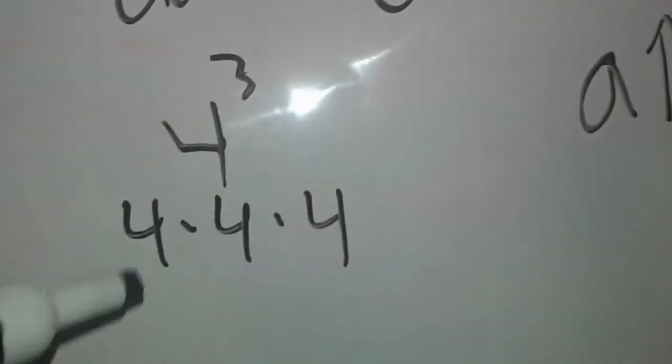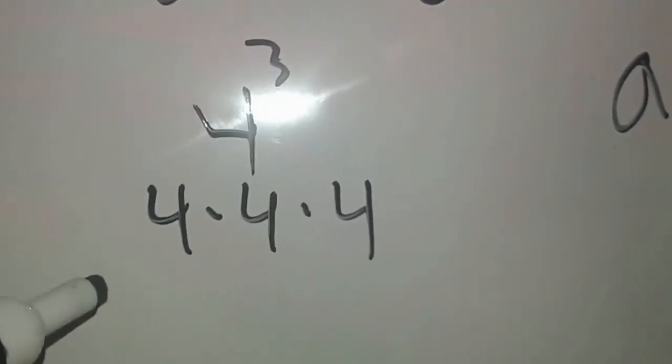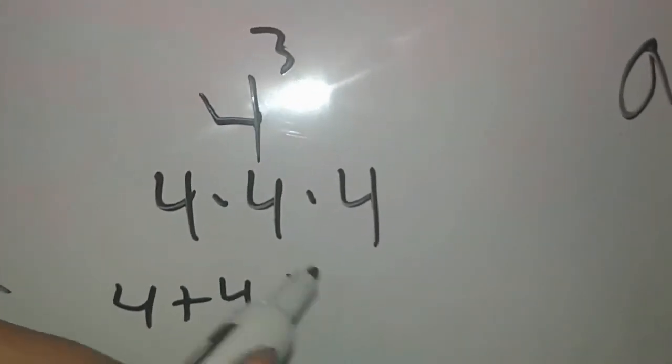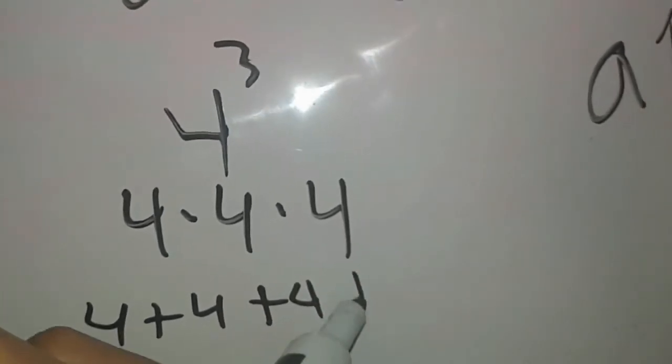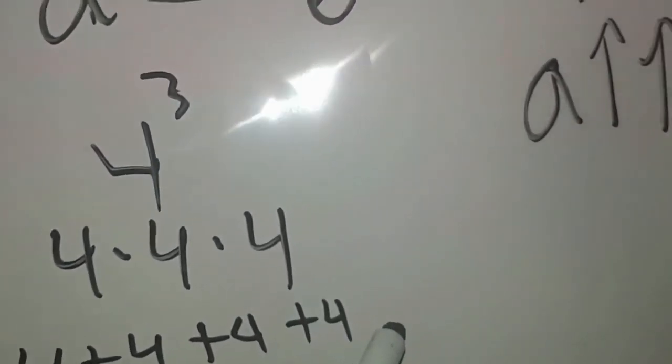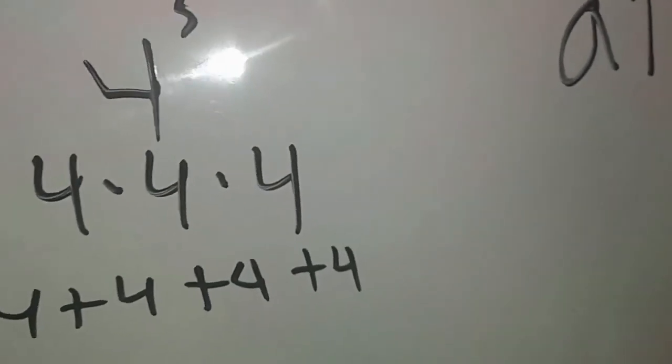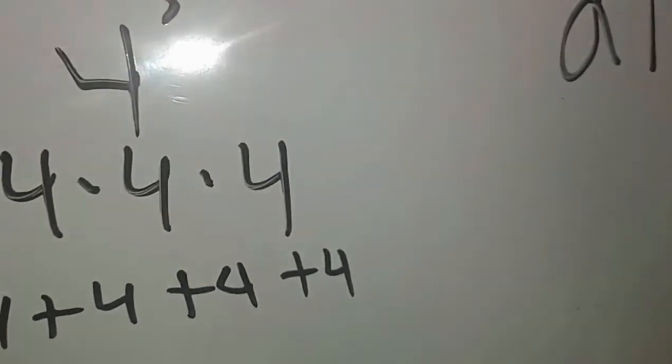We can look at this pattern once again. Let's talk about exponentiation. Here we go. We have 4 to the third power, which is 4 times 4 times 4, which is 4 plus 4 plus 4 plus 4 plus 4, and so on, 12 more times, and then we'll get that answer.